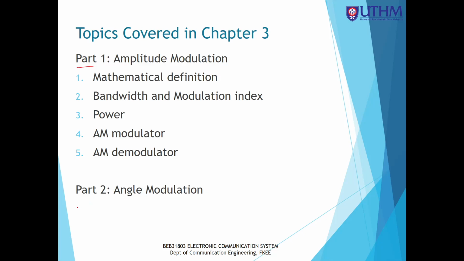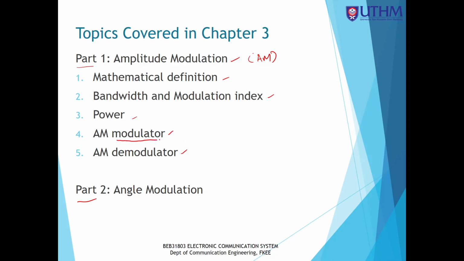The first part is about amplitude modulation, which is AM. The first subtopic is the mathematical definition, and then bandwidth and modulation index calculation, power calculation, the AM modulator circuit in the transmitter, and also the AM demodulator circuit in the receiver.